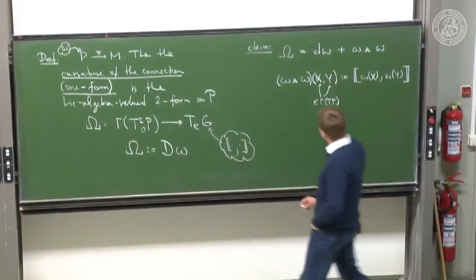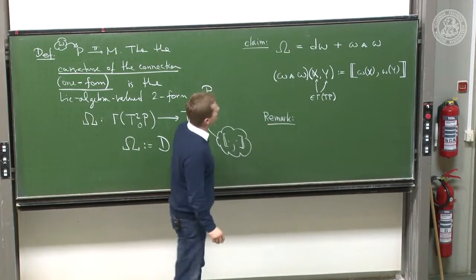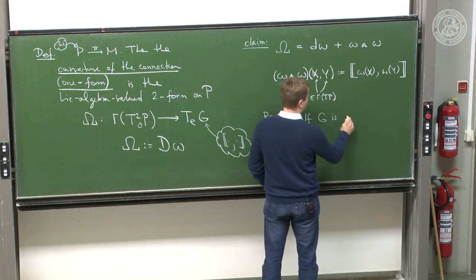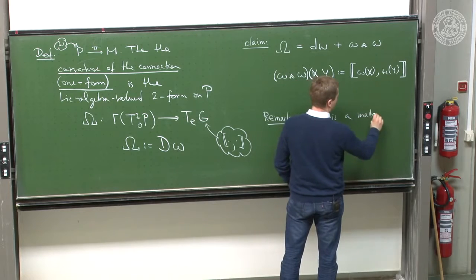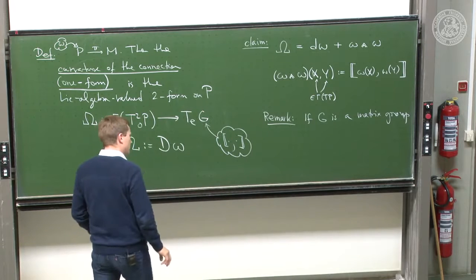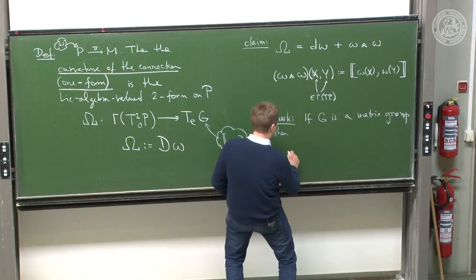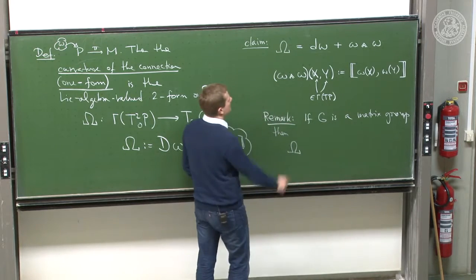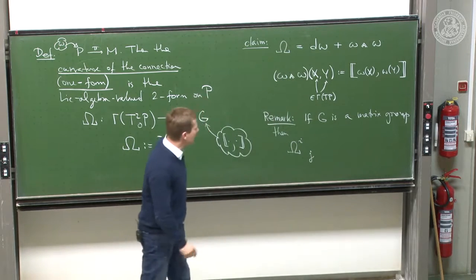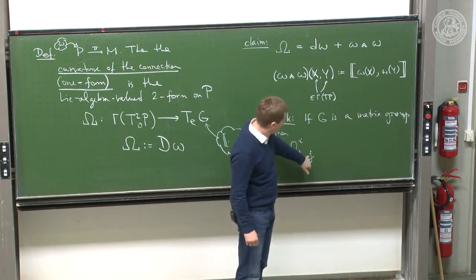Well, maybe one remark I could make here. Namely, if the group is a matrix group, and hence the Lie algebra is represented by matrices of the same size, then we can, of course, write the Lie algebra valued character here by providing indices ij, because these are the indices of the Lie algebra row and column.